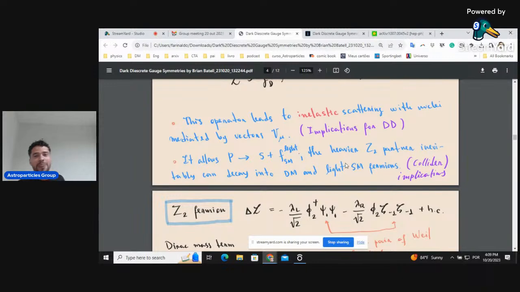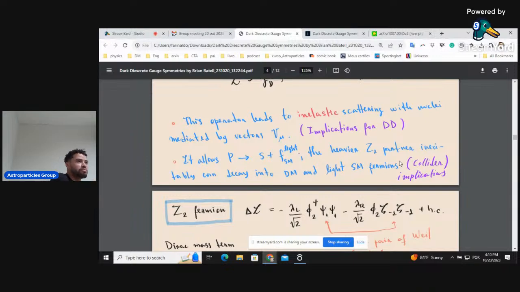But anyway, we would also have collider implications, and it will happen because this P guy, which is heavier than the S guy, which is dark matter, could decay into S and the same particles via interactions via other portals. For example, I could have a Z guy. I could also have the interaction between this dark Higgs and the Higgs of the Standard Model, and this could at the end of the day decay into the visible.